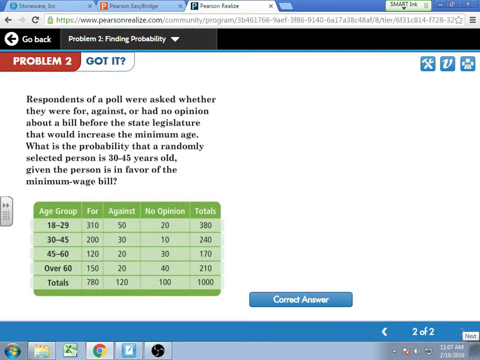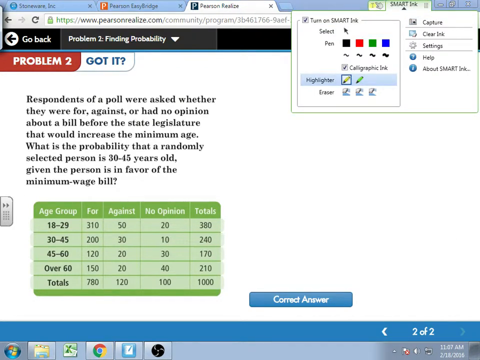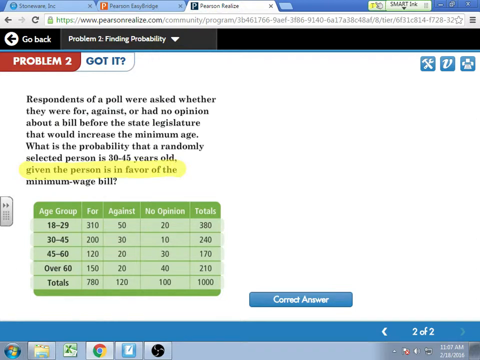So, Grant, what's given here? In favor of the minimum wage. So the assumed condition is in favor of the minimum wage bill. Notice there's a typo. This should have been wage, not age.